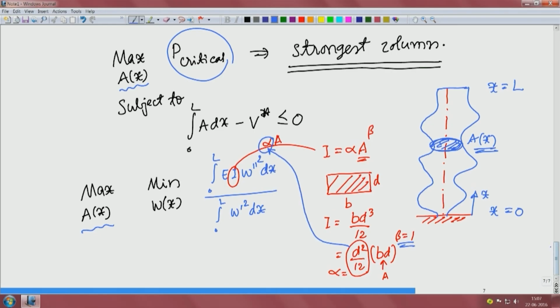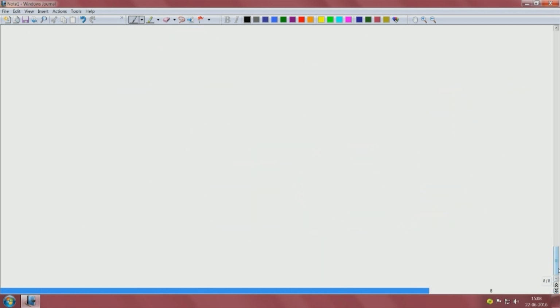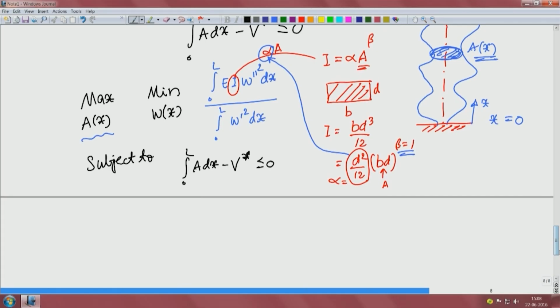And then we have the volume constraint: subject to the volume constraint, integral 0 to L of A dx minus V star less than or equal to 0. So, we have the problem statement now. The first thing we do is write the Lagrangian for this problem.